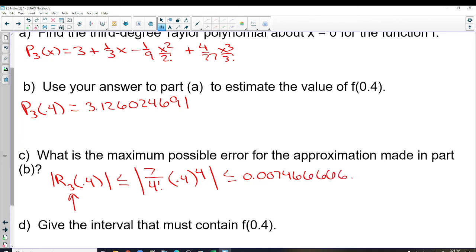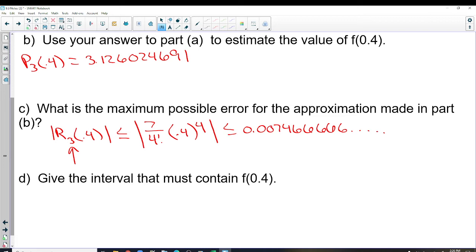0.007466666. Keep on going. Now, we don't have an actual function to check to see if that's what our error is actually less than, but I know it would be because it's always less than the first omitted term. It has to be. All right, so now we give the interval that must contain f of 0.4. So we take approximation minus the error, approximation plus the error.